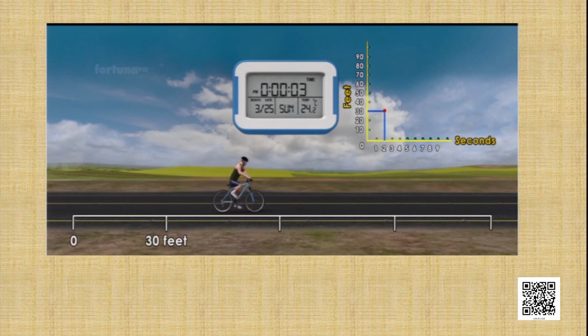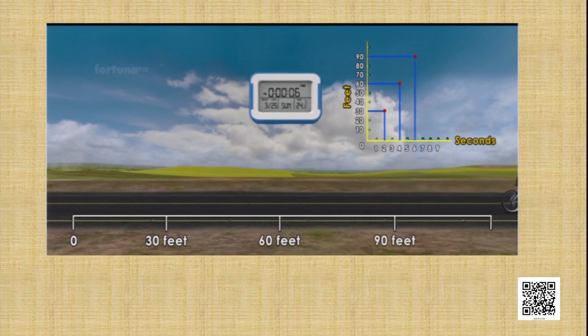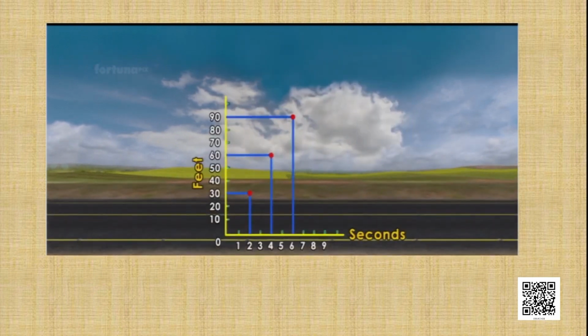The second point is at 4 seconds, where the total distance covered is 60 feet, 30 plus 30. Mark the place where 60 feet and 4 seconds intersect. The third point is at 6 seconds, which intersects with 90 feet, 60 plus 30. If we connect the 3 points, the graph will be a straight line. Uniform motion will always be shown as a straight line graph.